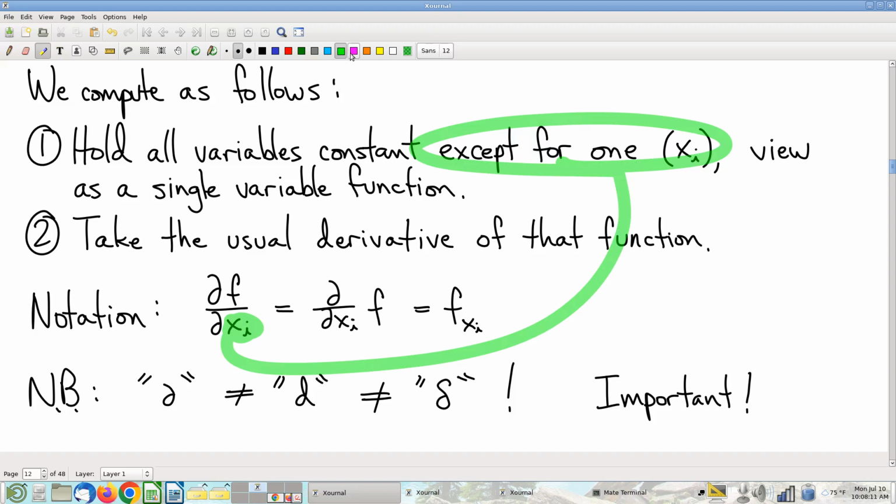Now the other important note is that these are not D's. These are a brand new symbol. Very importantly, not a D. D would mean single variable derivative. You can't take a single variable derivative of a not single variable function, so we have to use this other little symbol, otherwise it doesn't make any sense.